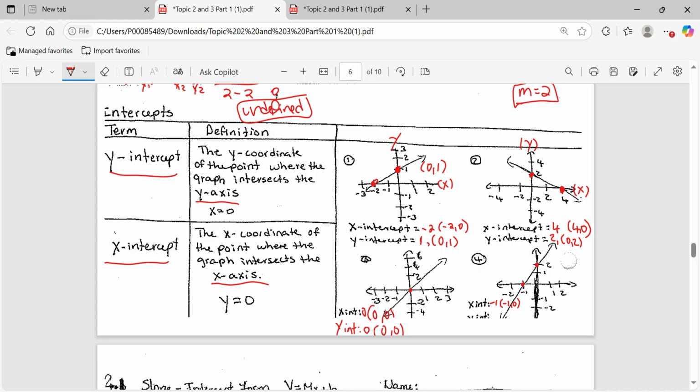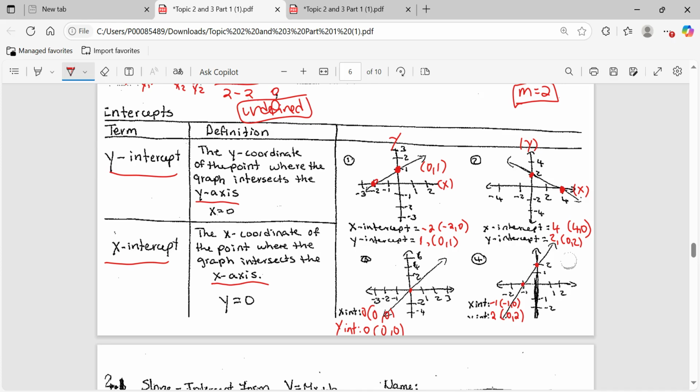And the y-intercept is here at 2, and the coordinate is 0, 2. Notice that for every y-intercept, your x value was 0, and for every x-intercept, your y value is 0 because you're actually crossing the x-axis.